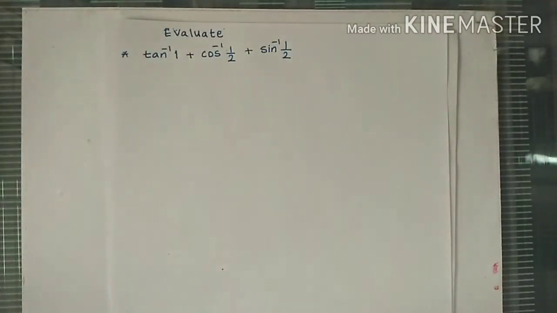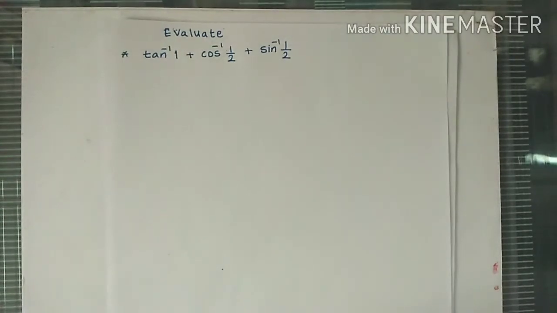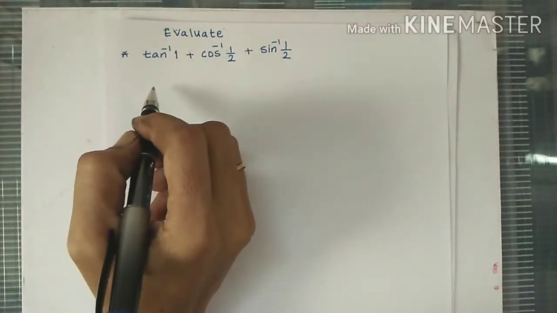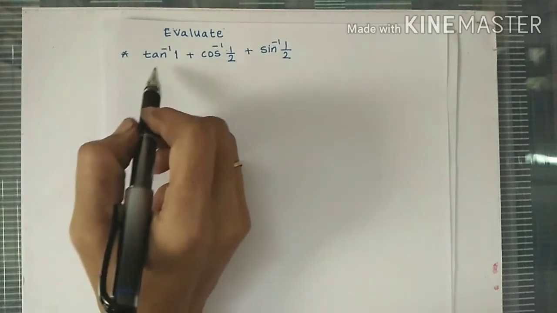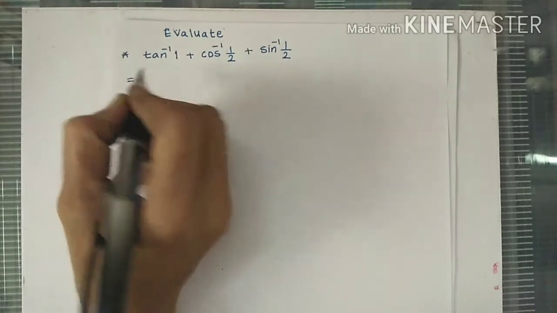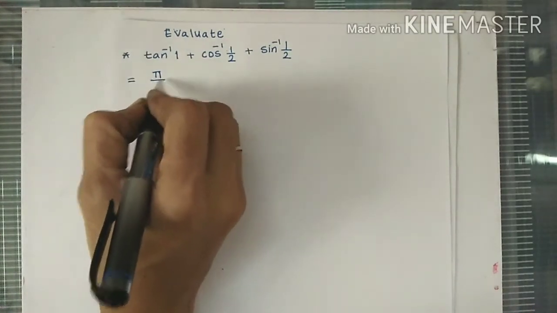Now let's solve this question without using the angle theta. Evaluate the value of tan inverse of 1 plus cos inverse of 1 by 2 plus sin inverse of 1 by 2. So how to find this value and how to think? See, tan inverse of 1 is the angle for which we get tan as 1. We know that tan of 45 degrees is 1. 45 degrees is pi by 4 radians.